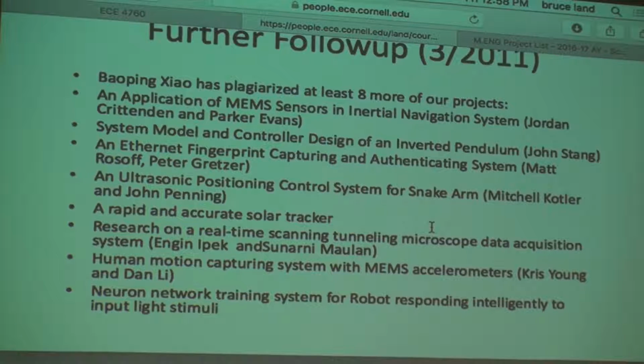But by this time he'd gotten a little smarter and was paraphrasing the words such that you couldn't detect it with a real simple text search. The one he copied and paraphrased was Ethernet fingerprint capturing on authenticating system. So I look at this thing, the words are all different, but the thumbprint is my student's thumbprint.